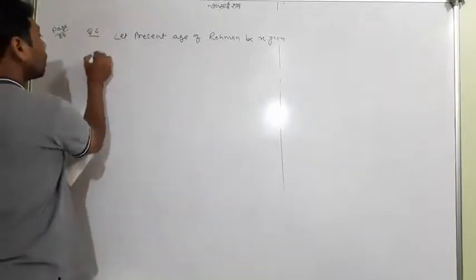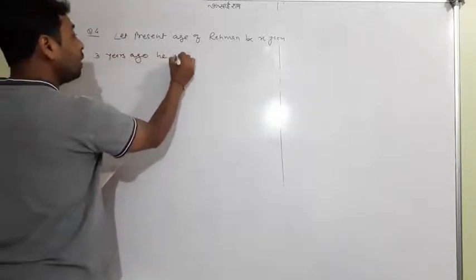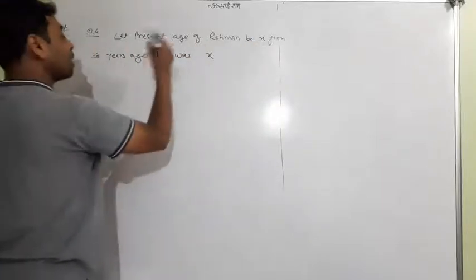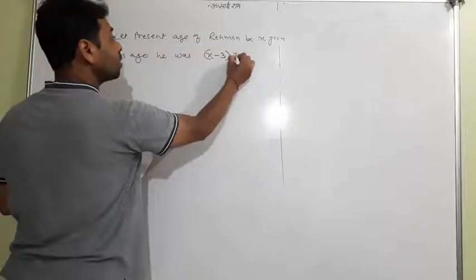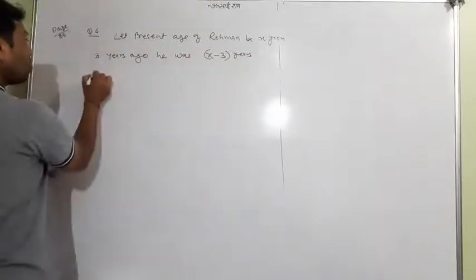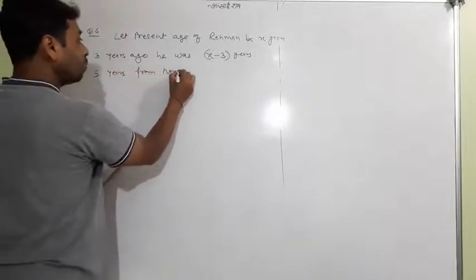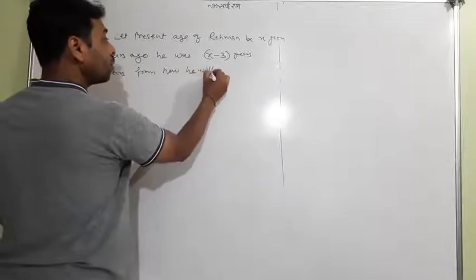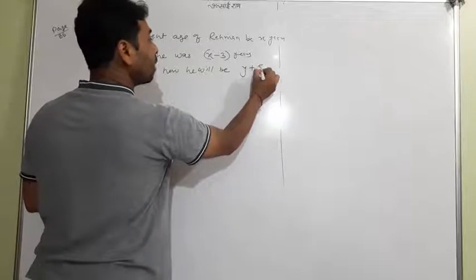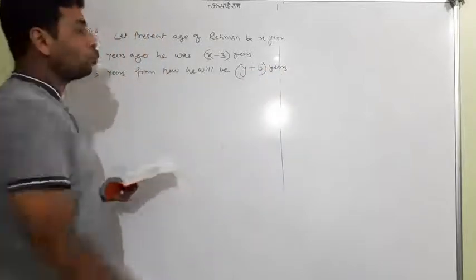Definitely the present age is x, so 3 years back he was x minus 3 years, and 5 years from now he will be x plus 5 years. That's simple.